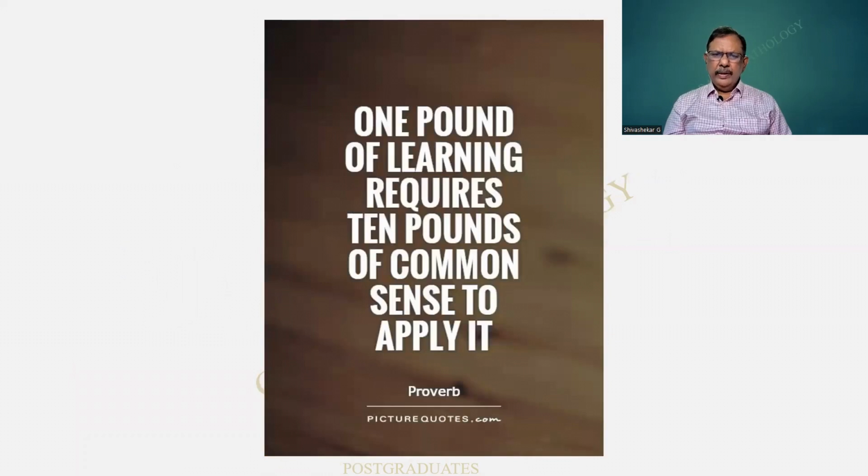1 pound of learning requires 10 pounds of common sense applied to it. So, you people should be knowing what common sense is. I cannot be answering the latest classification of the neurogenic tumors without knowing the difference between a red infarct and a white infarct.